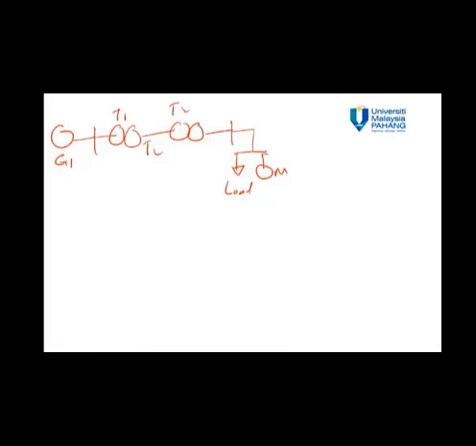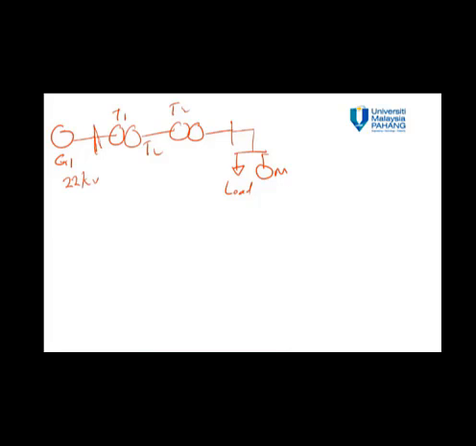So when we have this type of circuit, we cannot simply or directly analyze it, because the voltage level at each bus bar is different. Let's say at the generator station, the voltage supply is 22 kV.